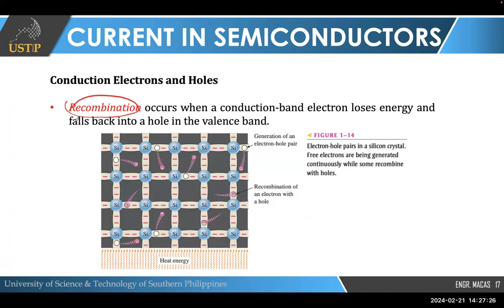It occurs when a conduction band electron loses energy and falls back into a hole in the valence band. Think of it as after it left, it came back, and then they recombine, and the process is recombination.